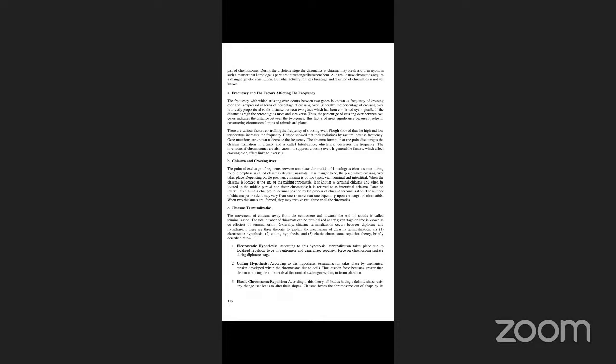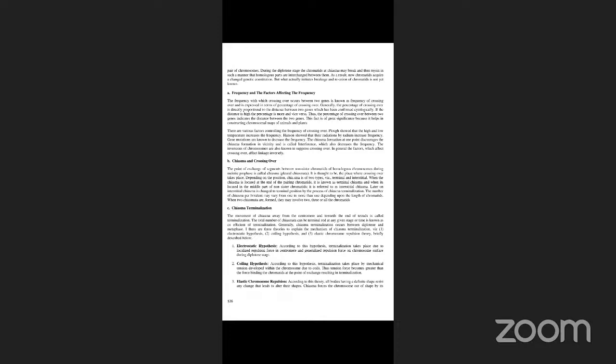Okay. Then what is chiasma terminalization? The movement of chiasma from the middle part to the terminal is called terminalization. And the total number of chiasmata that can be terminalized depends on different stages or time. So these are the factors that affect terminalization.